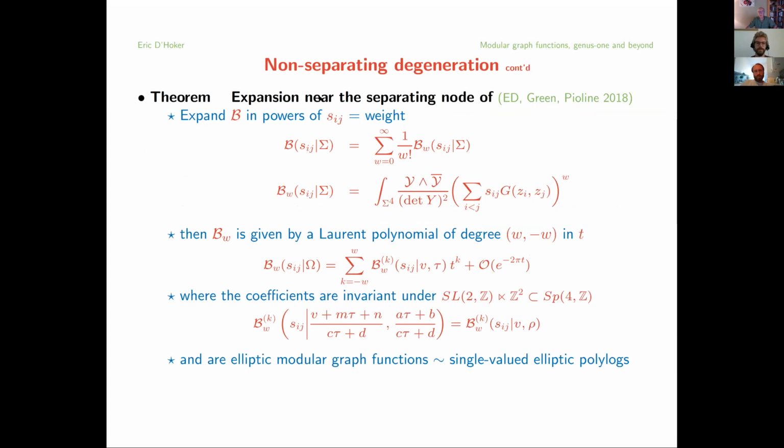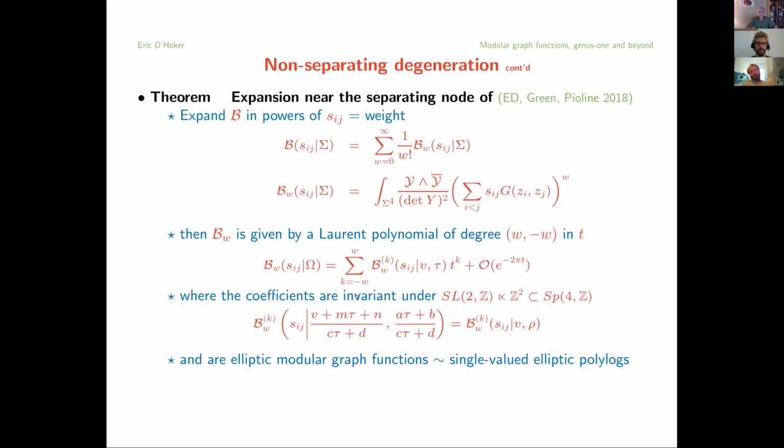So here's a theorem on the degeneration, and it tells you that there's a systematic expansion in this invariant parameter t, which is a Laurent expansion up to exponential corrections. And the Laurent polynomial has finite degree. Its degree is bounded from above by w and from below by minus w. So it's very similar to the expansion of one-loop or genus 1 modular graph functions in tau 2.